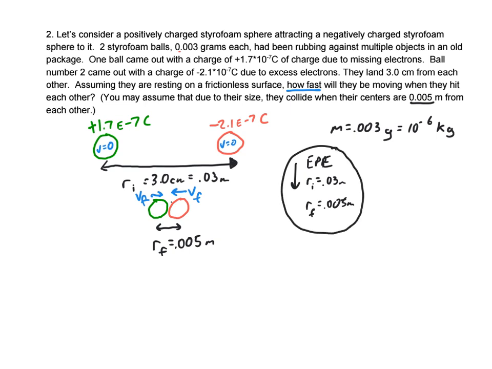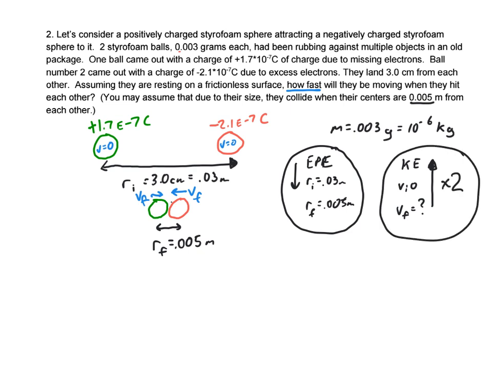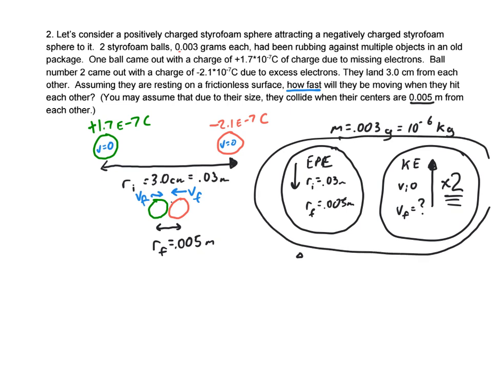And then there are two objects that are changing their kinetic energy from not moving to moving, we don't know how fast. So it's a speed up, and there's two masses doing that, so I have a times 2 there. Nothing else is affecting what's going on.